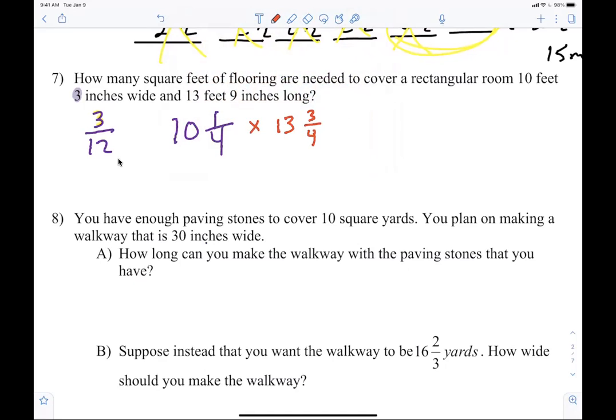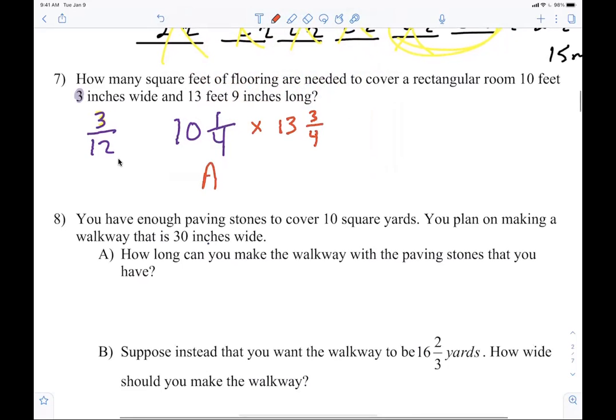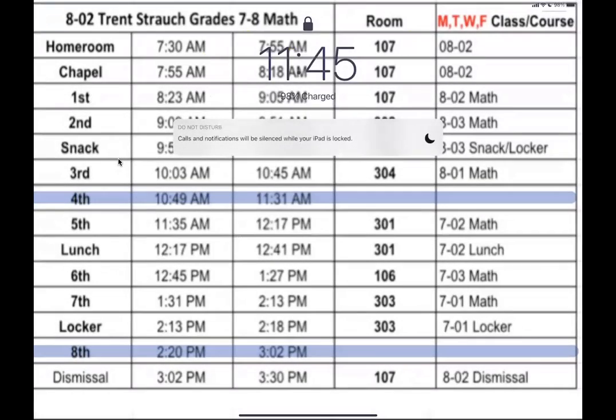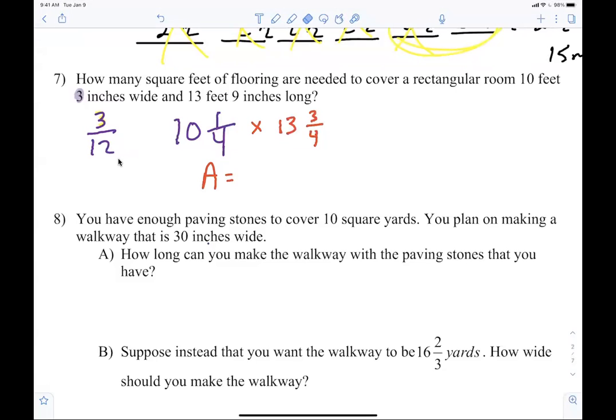So everybody needs to put this down: area equals length times width. So Mackenzie, you're doing that for me. Area equals length times width. And then tell me the answer.